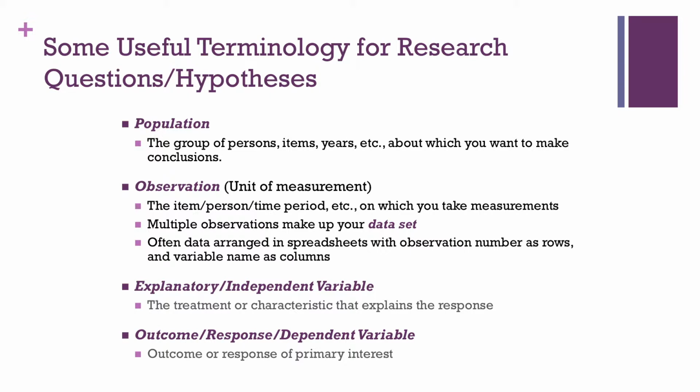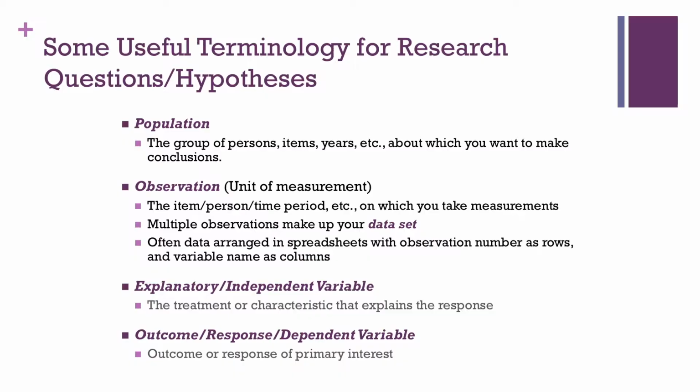The observation, sometimes also referred to as the unit of measurement, is the item, person, or time period on which I take measurements. So in the stoplight example, the observation might be the time when the stoplight turns green. Or I could classify it as a person in a car.